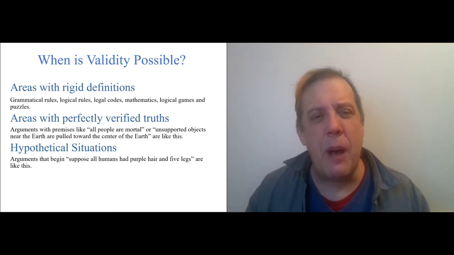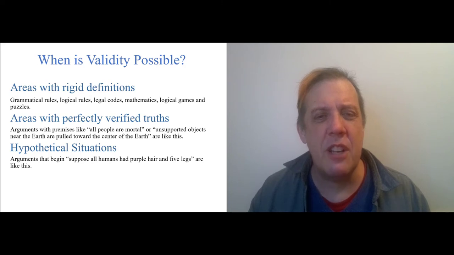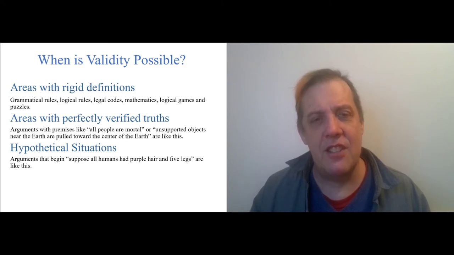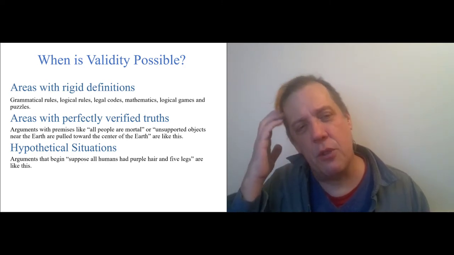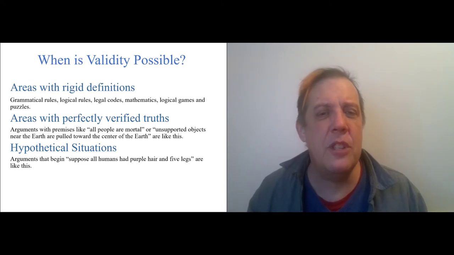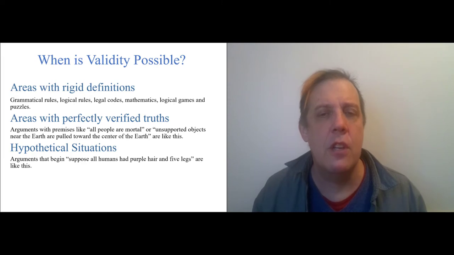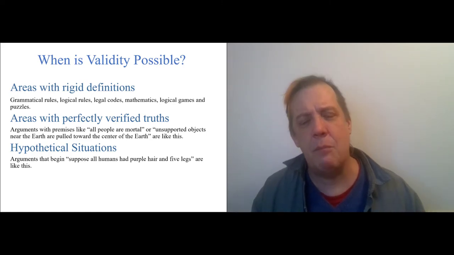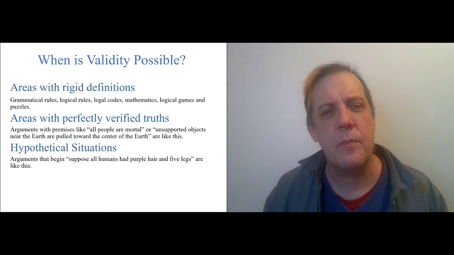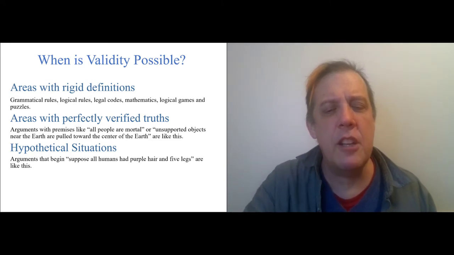Valid arguments are also possible in hypothetical situations if we just imagine that we've got a perfectly verified truth. So we can say, all humans have purple hair and 5 legs, or all people are carrots. As long as we're imagining that these universalizations are as true as 2 + 2 = 4, then we can make validity possible. But most of the time, arguments aren't even trying to be valid.